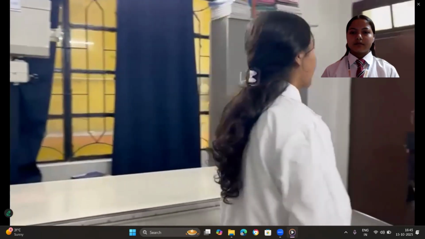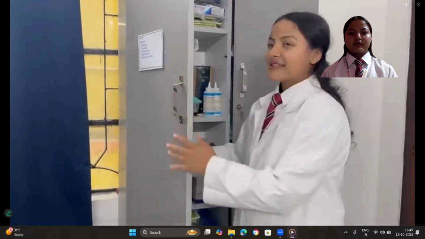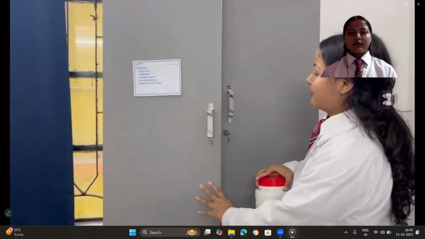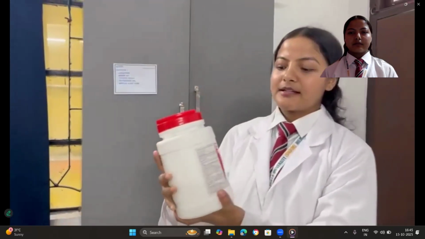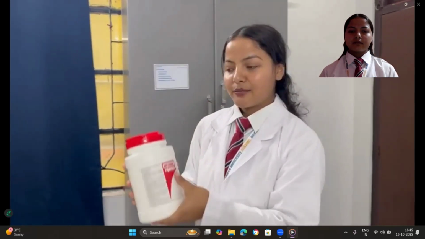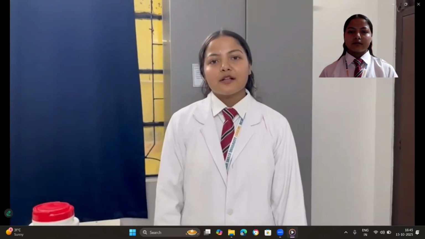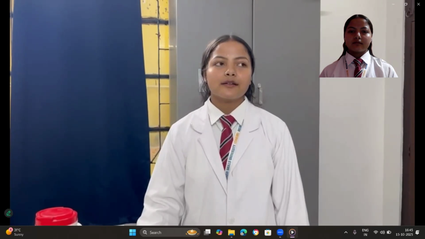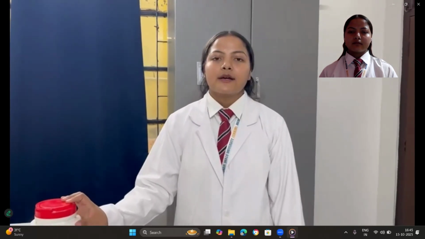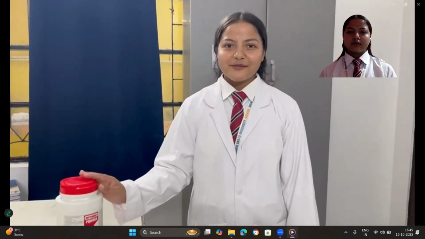Today I am going to talk about the most common procedure, that is barium sulfate examination. In this procedure we'll visualize the esophagus, stomach and upper part of the small intestine. So here we have a barium sulfate solution. It is kept safely in the cupboard. As you can see, microbar powder. It is also referred to as microbar powder. In the barium sulfate test, we visualize the organs by using this contrast agent called barium sulfate.